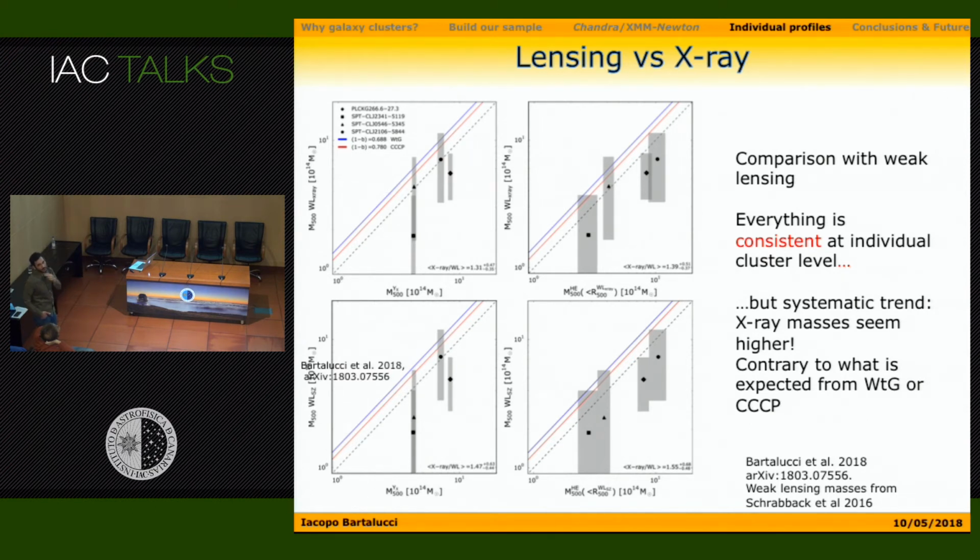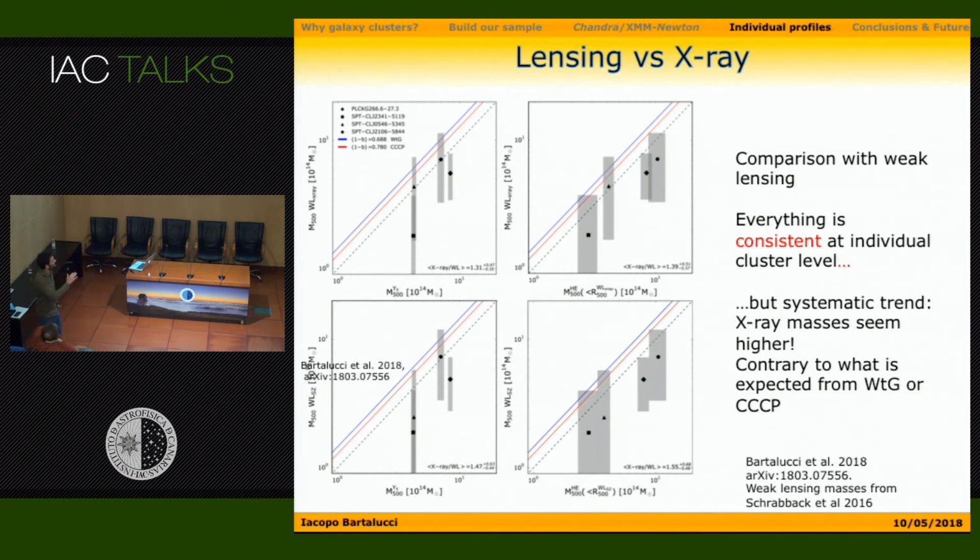But it is possible that you are overestimating the mass because these clusters are disturbed. Yes, it could be. But the problem is that what is predicted is generally the other way around, because you are somehow underestimating the mass, since you have the non-thermal pressure support, and so you have this bias.